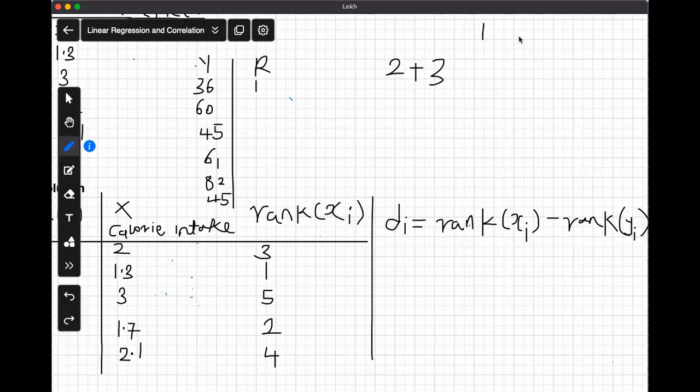But this time around, the first number we are ranking is not 45, it's 36. So the next ranks for the number should be 2 and 3. So we are going to divide these 2 by 2. That will give us 5 divided by 2. That should be 2.5. And so the rank for 45, anytime it appears, and it appears twice, will be 2.5.